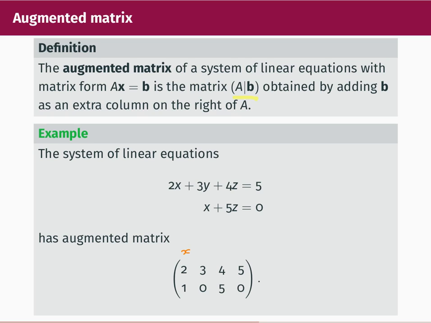Here, the first column corresponds to my variable x, the second to y, so that you can see, for example, there's a 0 in the second row in the y column because the coefficient of y in the second equation is 0. The next column will correspond to z, and the final column will correspond to something different. That corresponds to the constants on the right-hand side of our matrix equation.